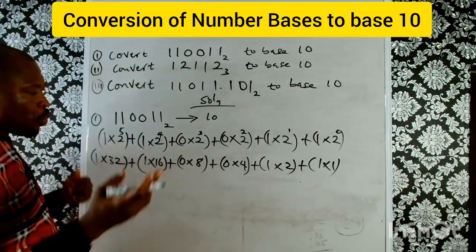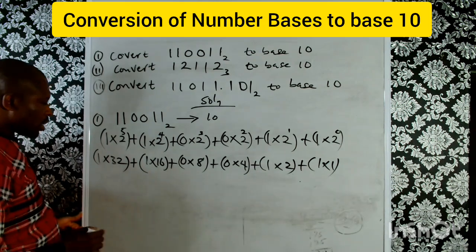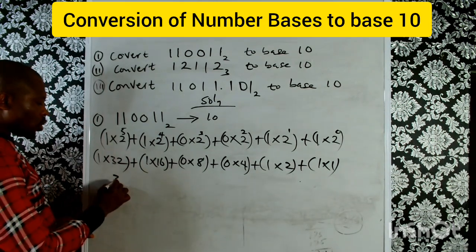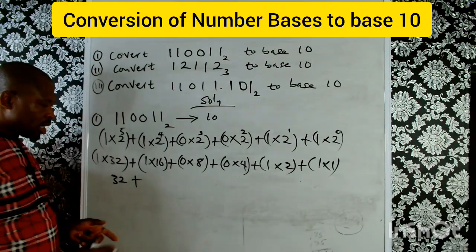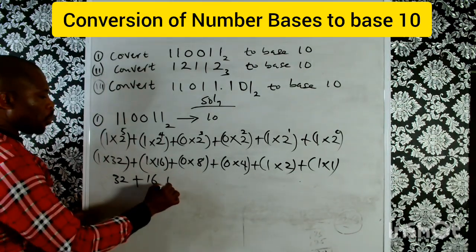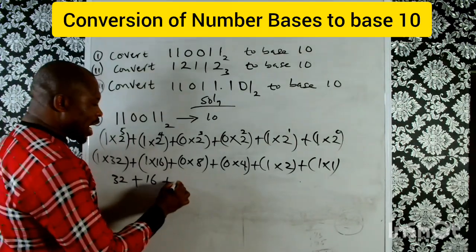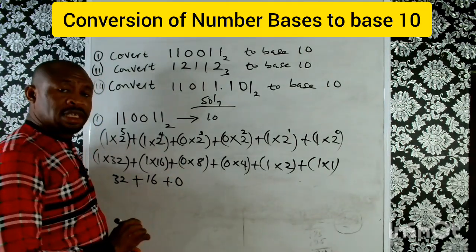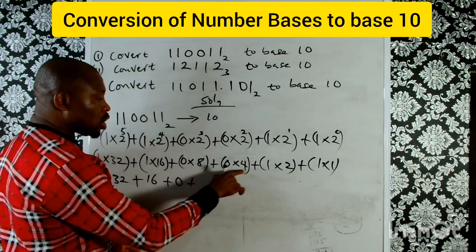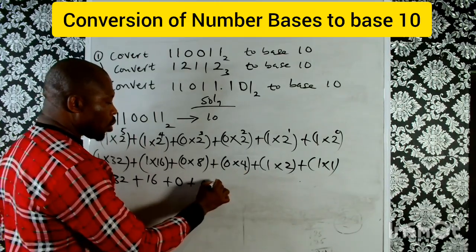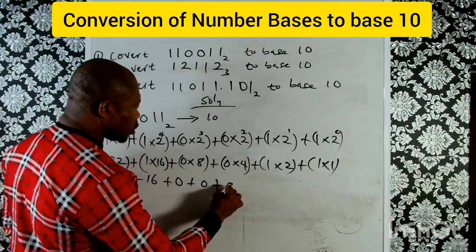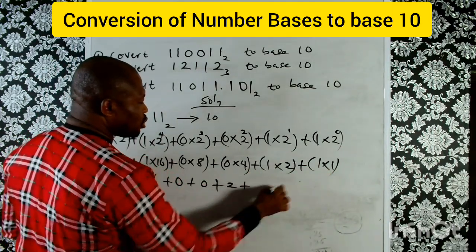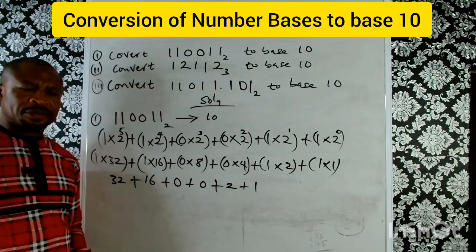Now we can open this bracket and cancel the necessary ones. 1 times 32 is 32 plus 1 times 16 is 16 plus 8 times 0 is 0 plus 0 times 4 is 0 plus 1 times 2 is 2 plus 1 times 1 is 1.